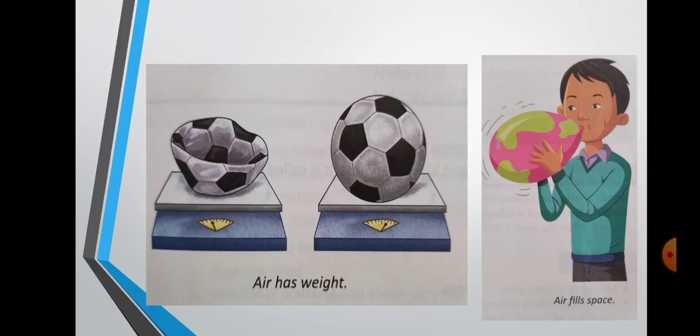Now, you must wonder, how is it possible for gas to have weight and how does it occupy space? So, in second standard, we had already learned that air has weight and occupies space.